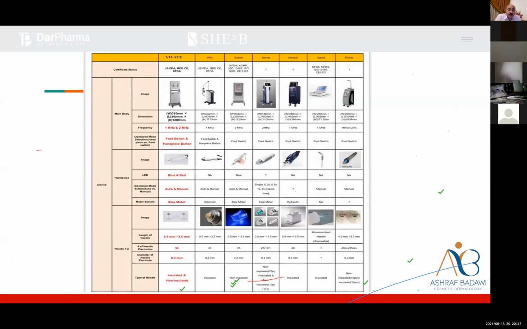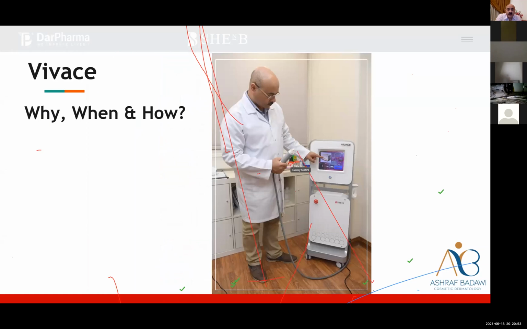Sometimes when we have dyschromia and I need to get some collagen stimulation, plus also some transcutaneous absorption of bleaching agents because of the dyschromia, then I use the microneedling radio frequency, and then I apply topically some mesotherapy cocktails in order to achieve what I need to achieve and improve the skin.